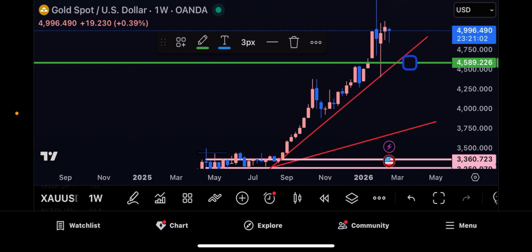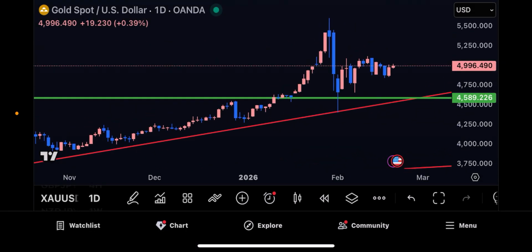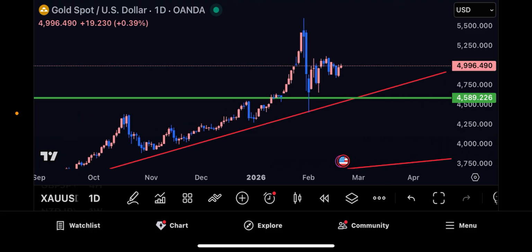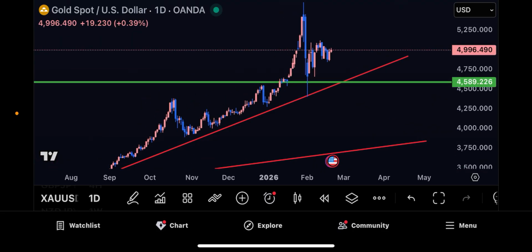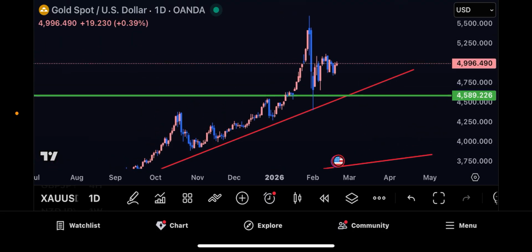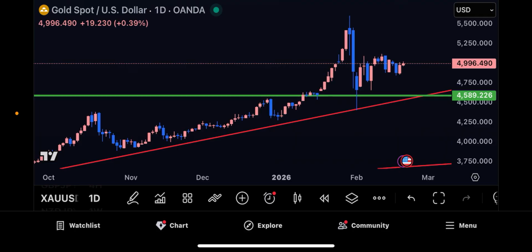So I'm going to scroll down again, because when it comes to analysis, you want to make sure that you're seeing the whole picture and the whole idea of what's going on. So as we can see on the daily, gold came down to 49.90, and then we've kind of just been trickling around that area going on 2 weeks.